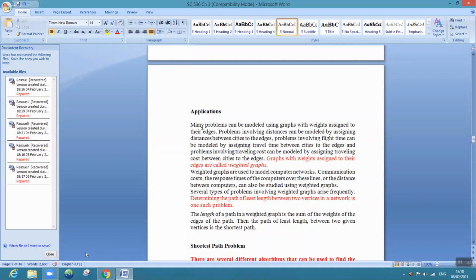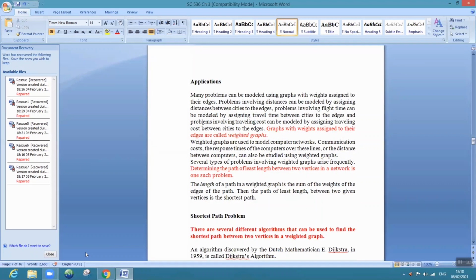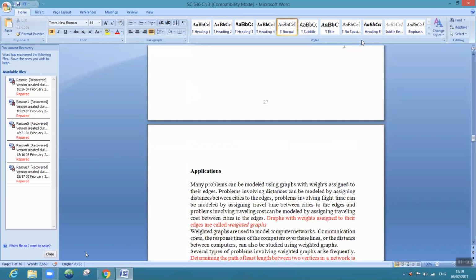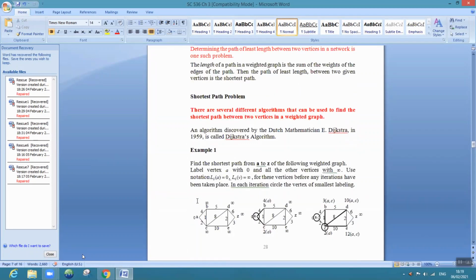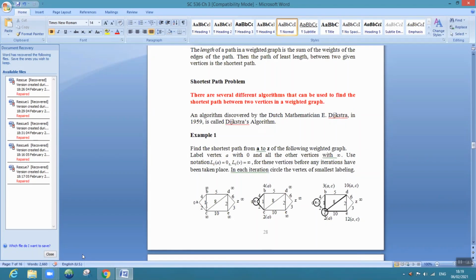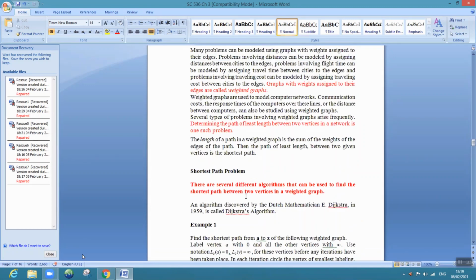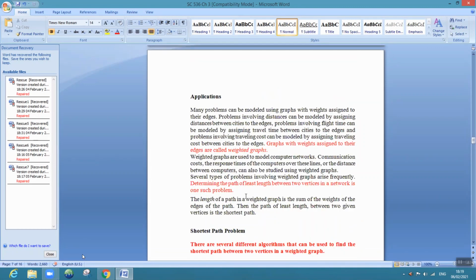Up to now we used just graphs only. Now we assign values to the edges. When the edges are there, we assign some values, like 4, 5, 8, 10. These are called the weights of the graph. Many problems can be modeled using graphs with weights assigned to their edges. Problems involving distances can be modeled by assigning the distance between cities to the edges.